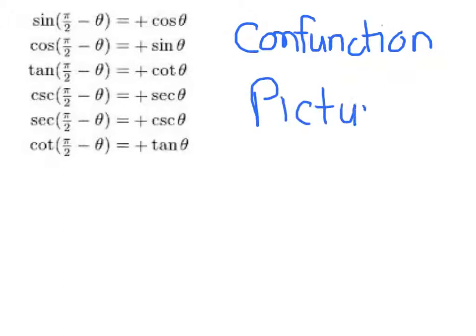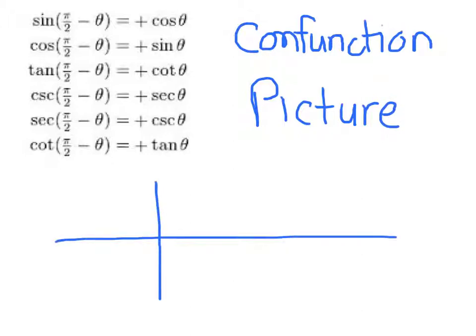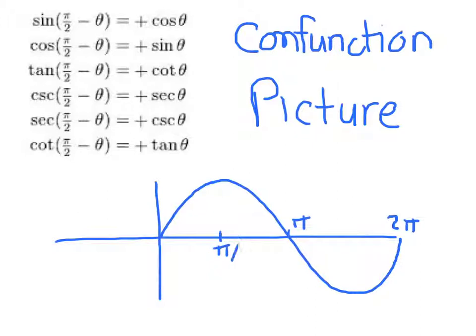Because if you pictured the sine graph, here's the sine graph. This is 2 pi, this is pi, this is pi over 2. So if you picture the sine graph, and then look right here, it says the sine graph is skewed to the left 90.